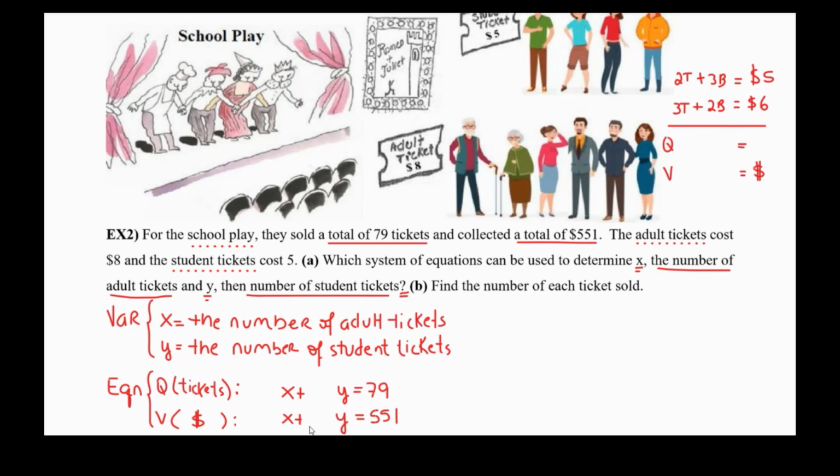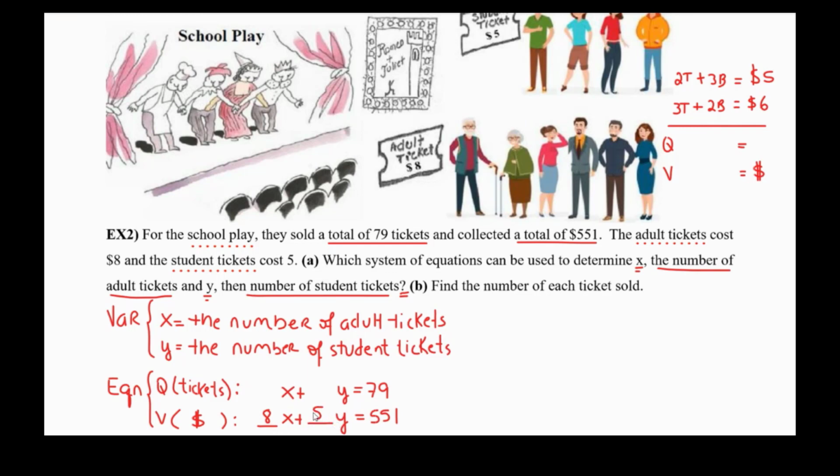The equation that represents value should have the value of each variable in front. X represents the number of adult tickets. According to the problem, the adult tickets cost $8, and the student tickets cost $5.